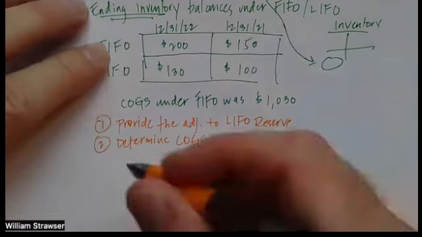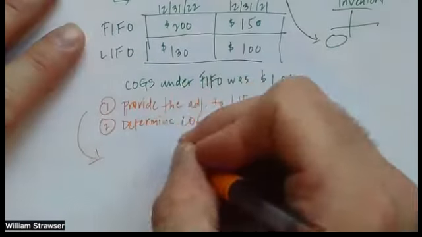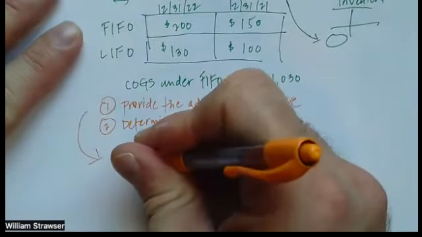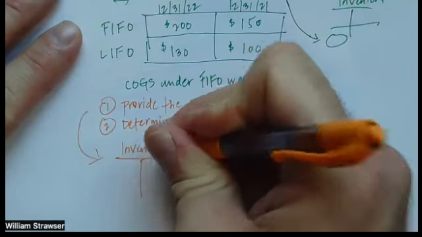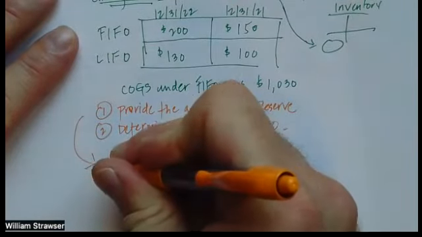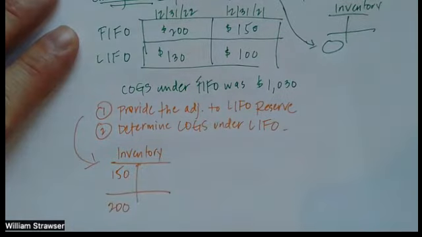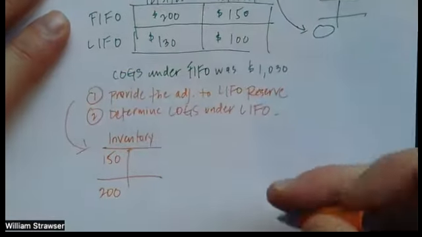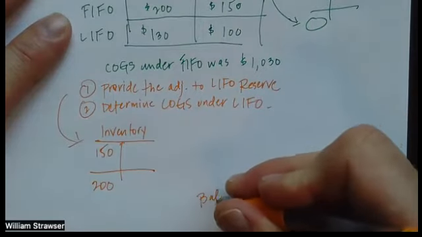So the way I would set that up is I take my FIFO numbers and I realize, oh, wait a minute, this is the non-LIFO. That's what I'm keeping track of in my ledger. This is the LIFO. That's what I'm wanting to report on my balance sheet.